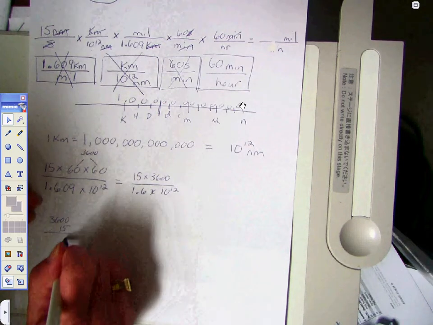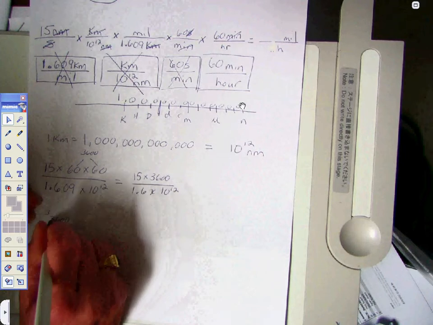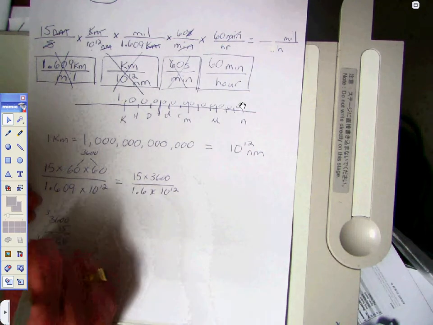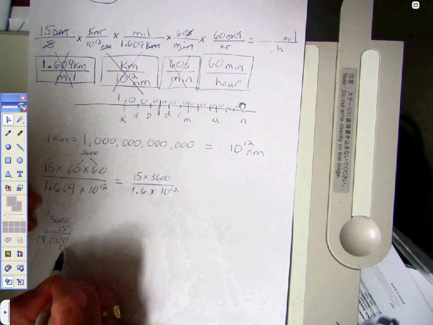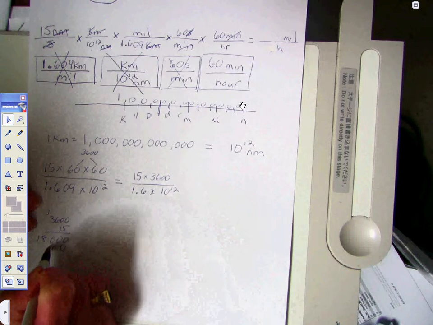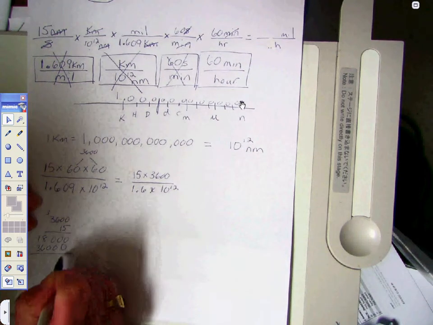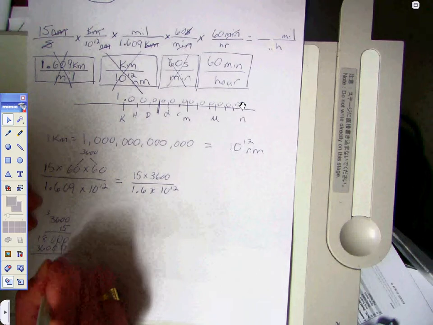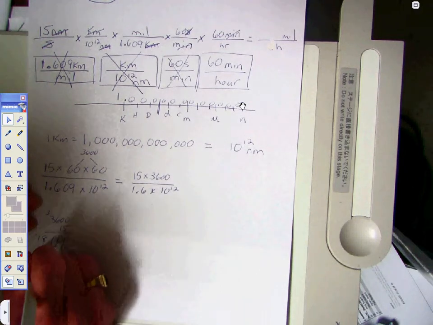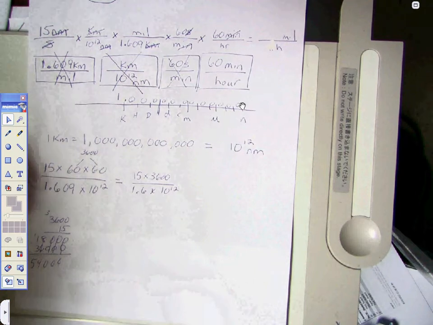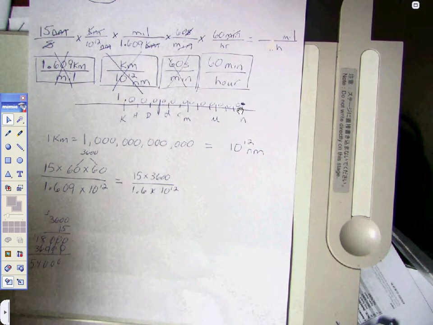5 times 6 is 30. 5 times 3 is 15. That's going to be 18. Put my 0 there. And I have to put these 2 zeros there. And then I get 36. So 54, or 54,000.